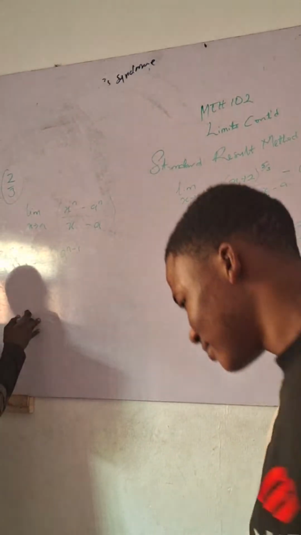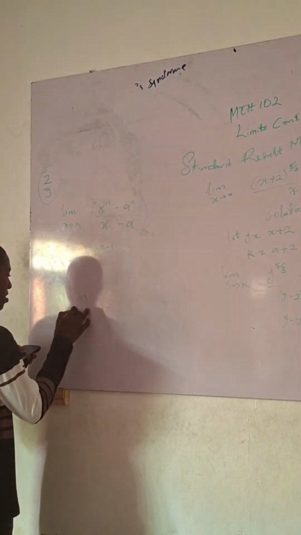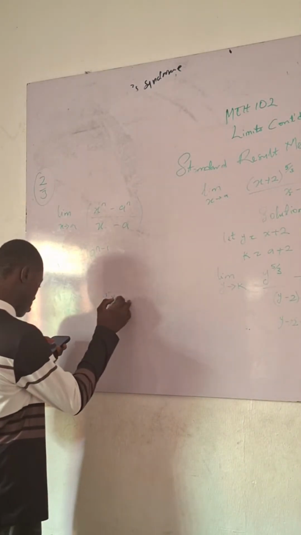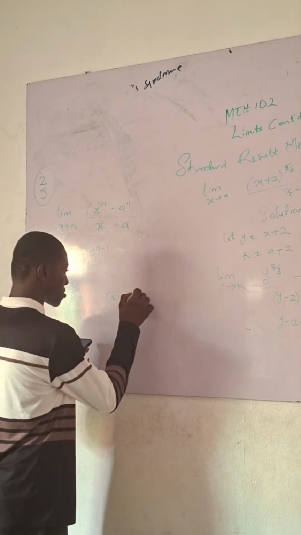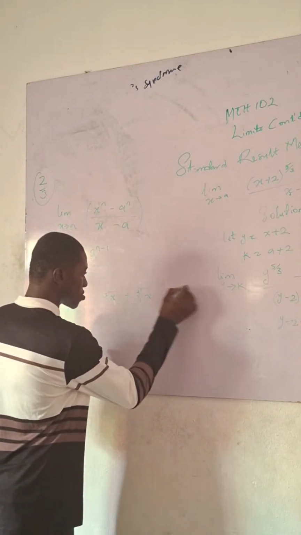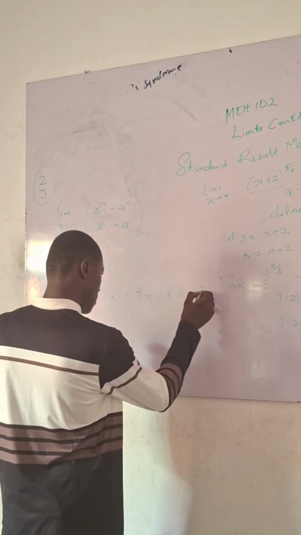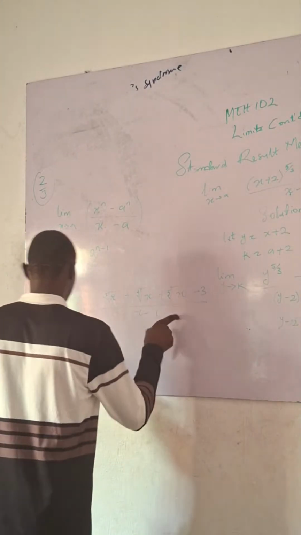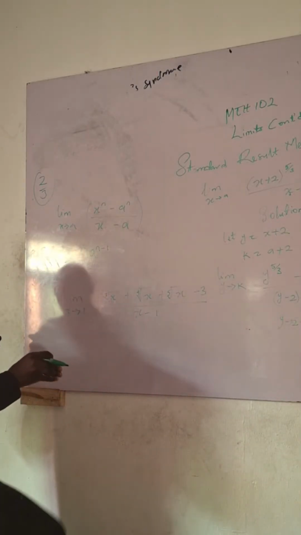So limit of x approaching 1 of cube root of x plus the 4th root of x plus the 5th root of x minus 3 over x minus 1. So you guys will know what to use, whether it is factorization, rationalization, or SRM.